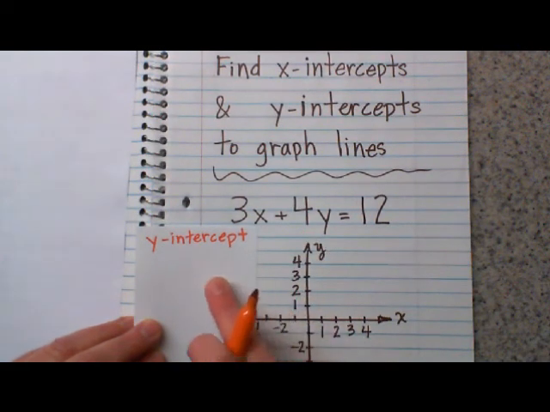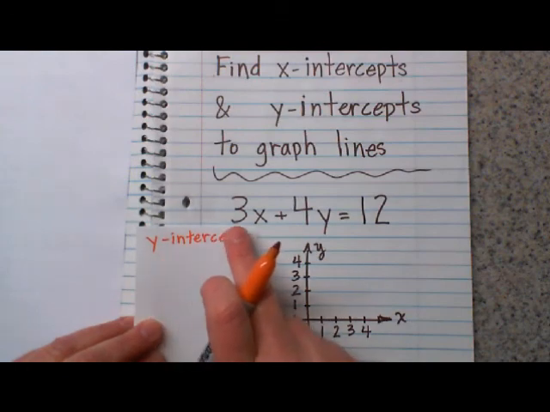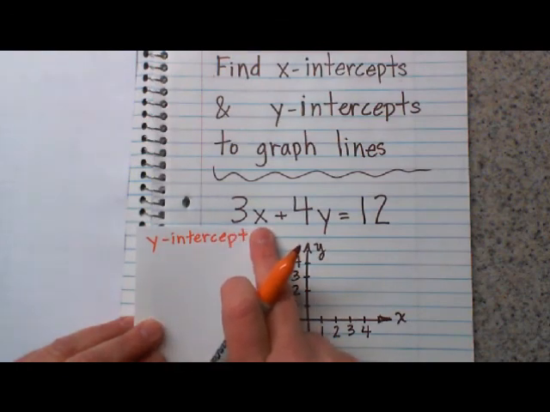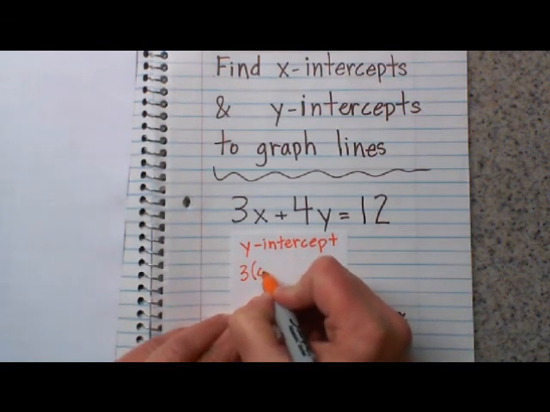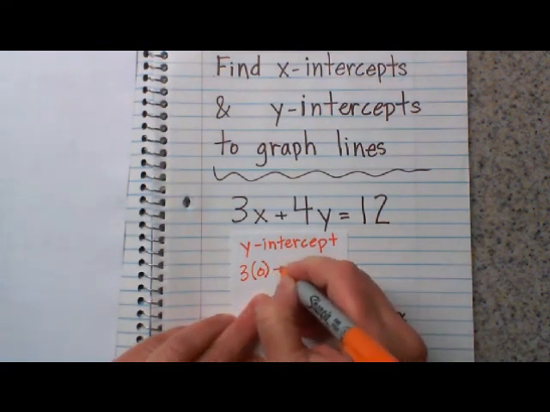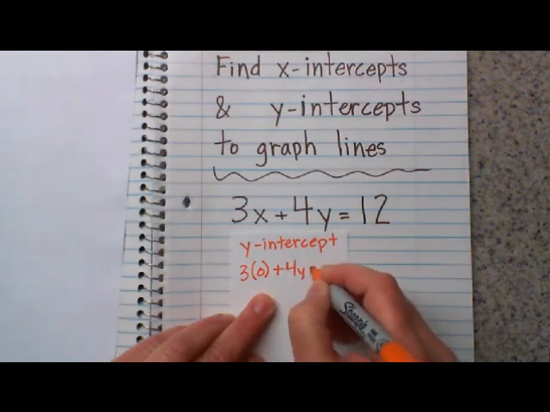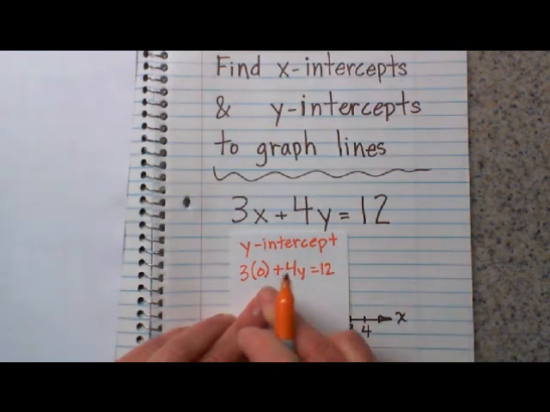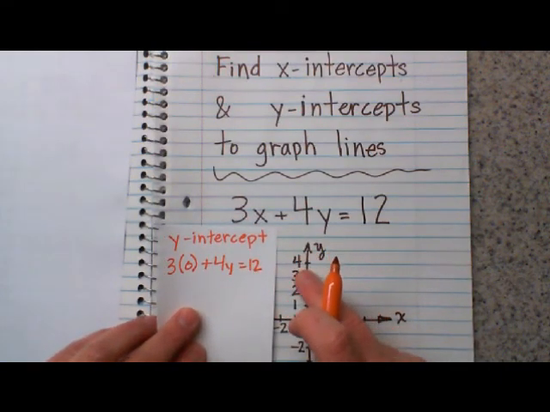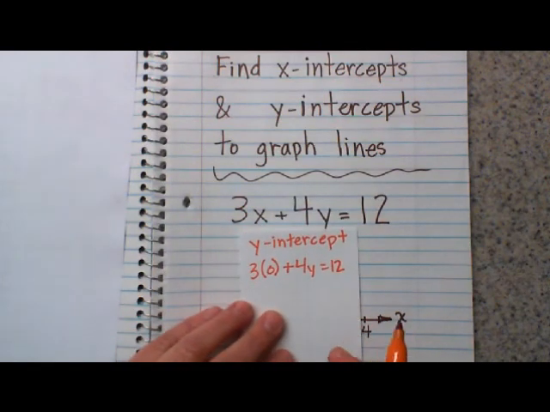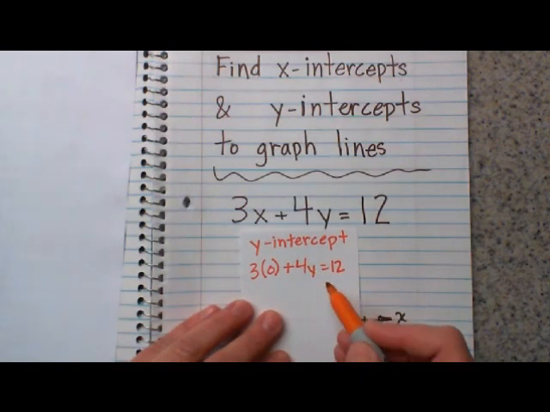So, since we're looking for the y-intercept, for the opposite, the x, we're going to put a 0 into this equation. 3 times 0 plus 4y equals 12. Remember, that 0 is there because in order for whatever line this is to cross here, it has to cross at x equals 0. So we put x in there to find out at what y it will cross.